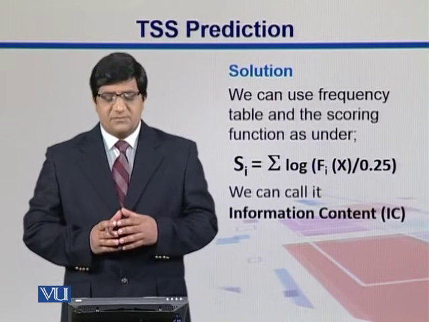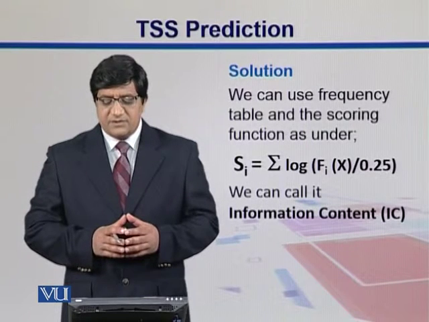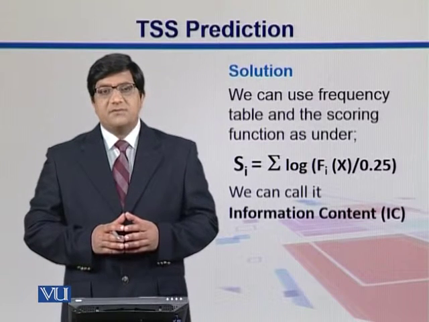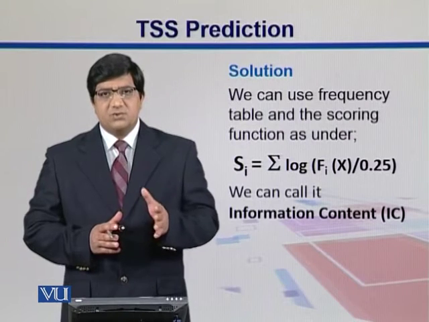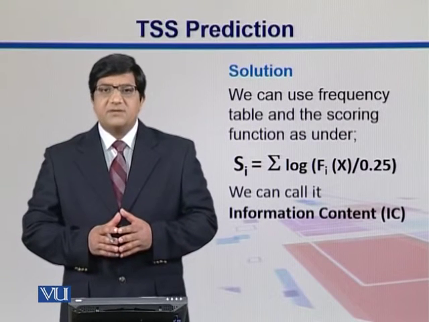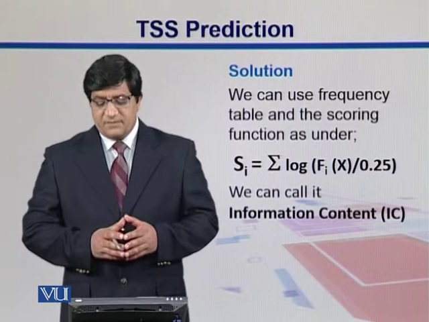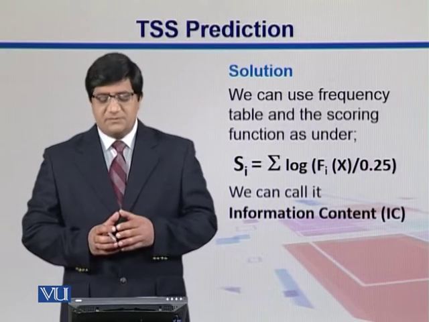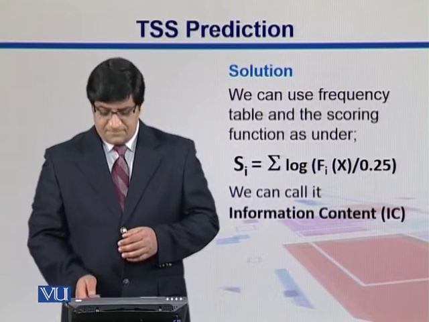We put it together in this equation, which is called a scoring function, or S of I, where we sum up, for whatever nucleotides are there, their frequency from the frequency table divided by 0.25, and then we convert it into the log scale. We don't want to play with big numbers. We can call this equation the information content.